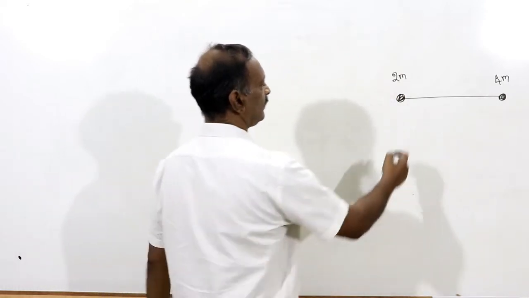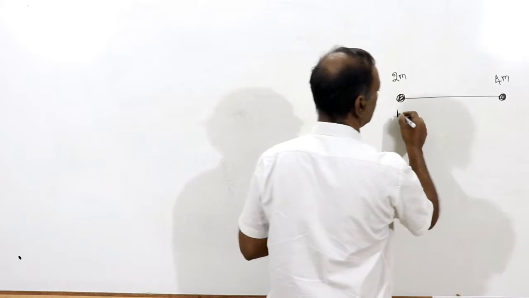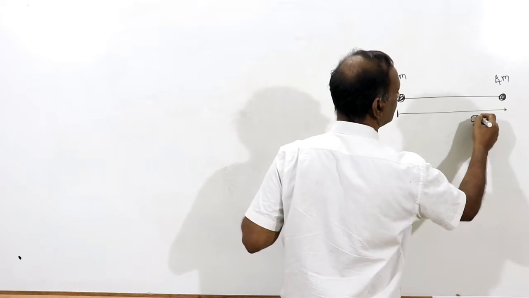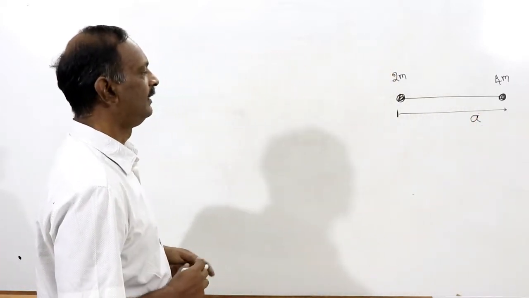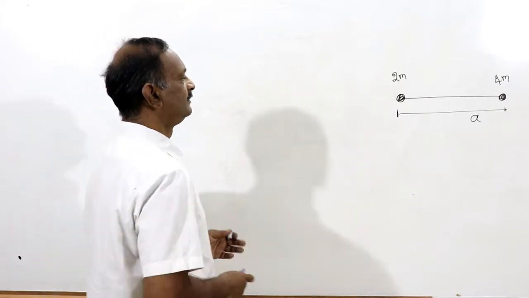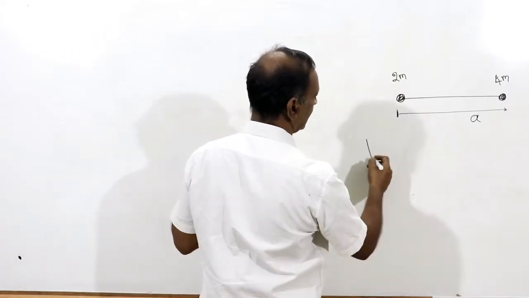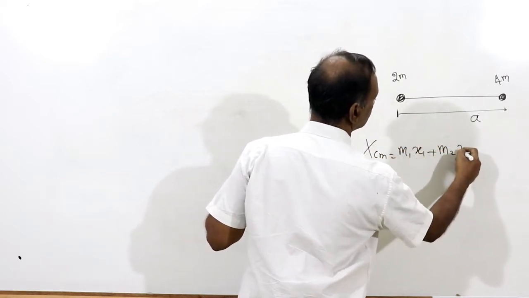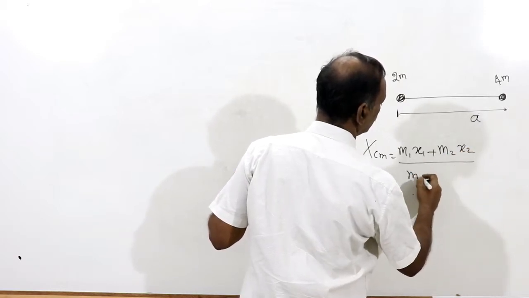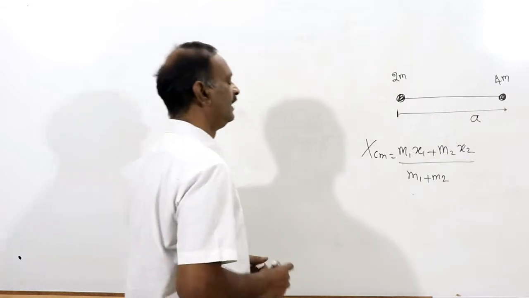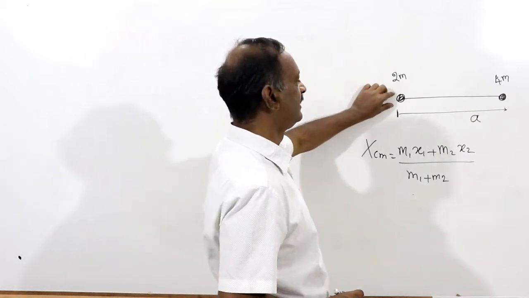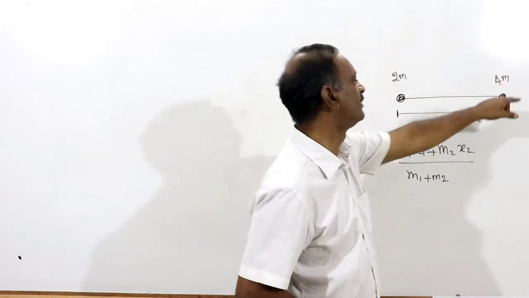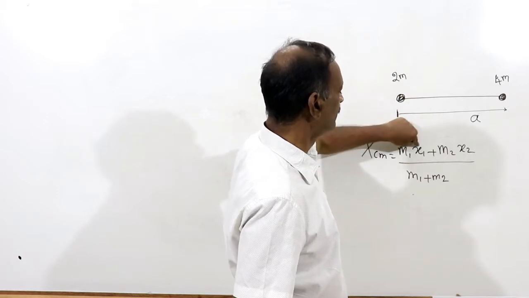Now we want to calculate with respect to this point, and there is a distance A between them. The simple formula for XCM is M1 X1 plus M2 X2 divided by M1 plus M2. About this point, the distance is 0, because from here it starts and goes up to A. So this is M1, 2M into 0.